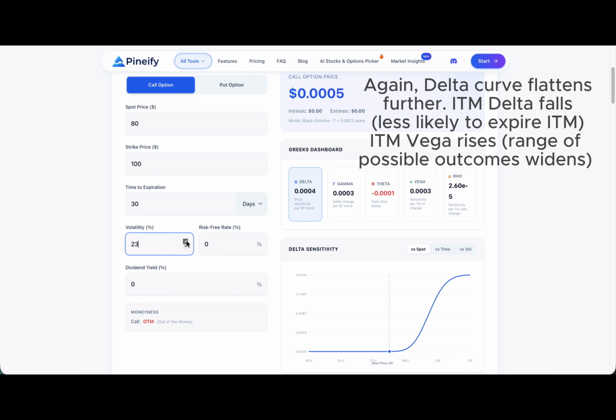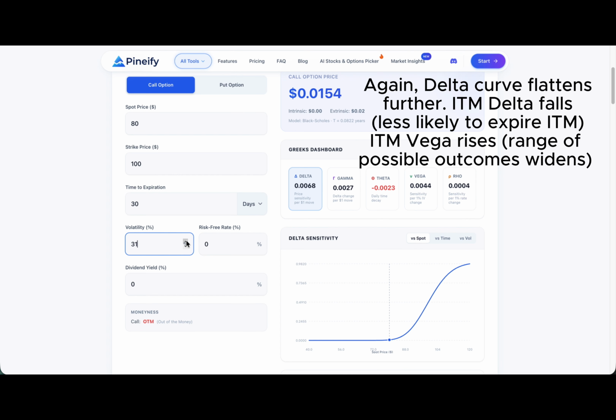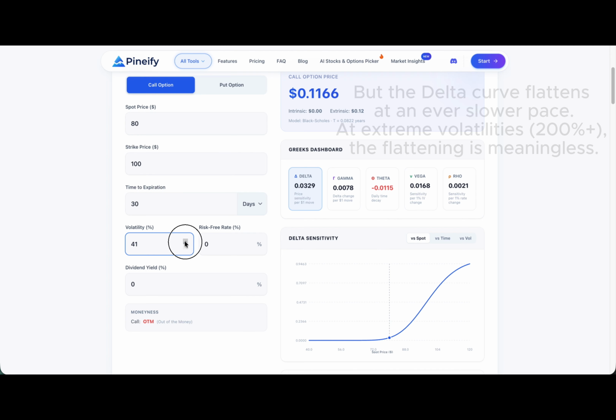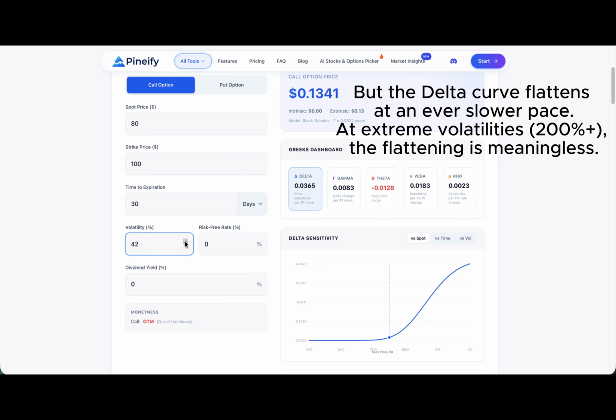And so as we continue to crank up the volatility, you see that we are 20% out of the money, but the Vega continues to increase, because as we crank up the volatility, the spring that will take the option from out of the money to potentially in the money is stronger.